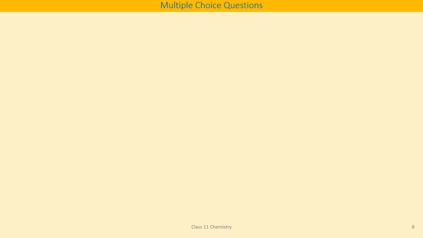Now we'll continue with answering some multiple choice questions. As you know, in multiple choice questions, 4 options will be given and you have to choose the correct answer. So let us start. First question.